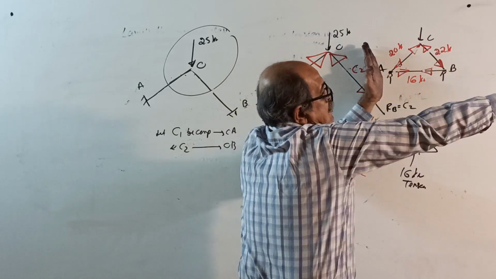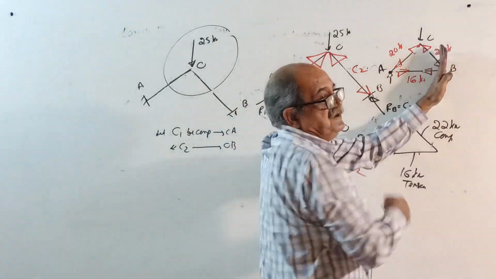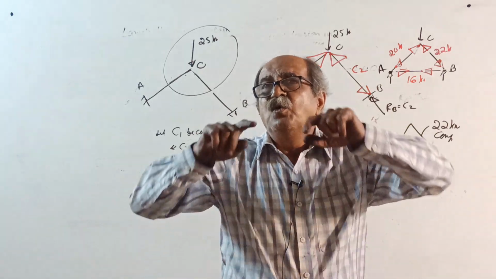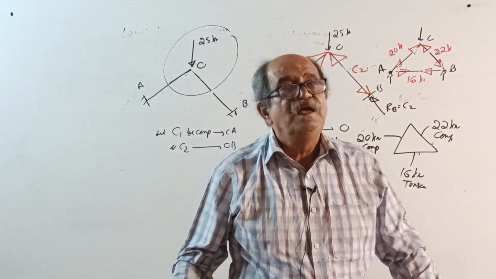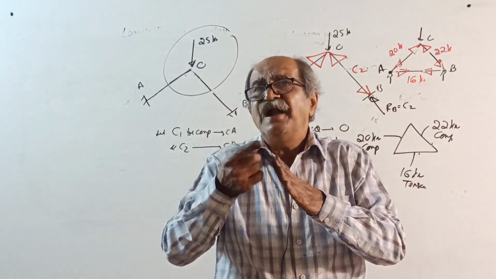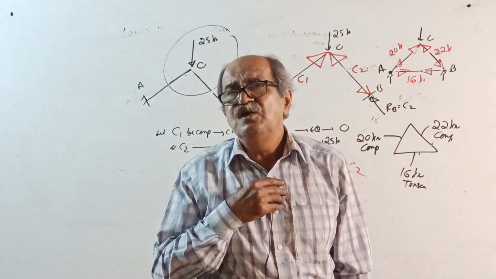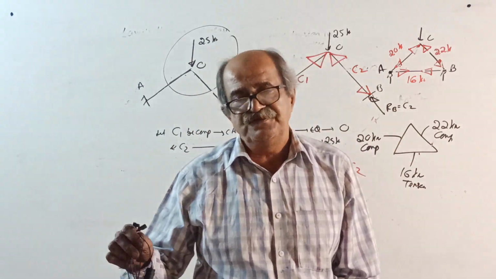Compression. Tension. Any arrow mark from a point going outwards will give tension. Any arrow mark which is acting towards the point will give compression. Okay, sufficient. Tomorrow, next class, I will show you Lami's theorem. Closing class. Thank you.